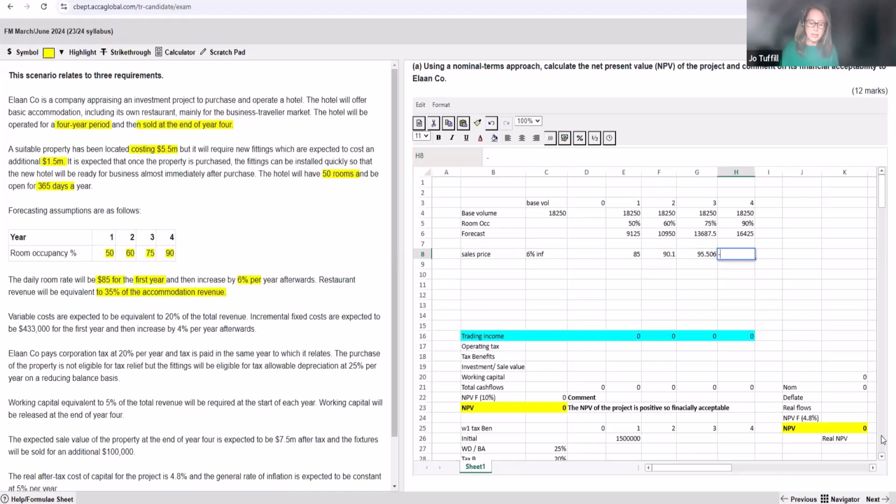You need to say equals 85 times 1.06 uplifted to the number of years. Now, in this question, because we're starting in year 1, it's not going to be the number of years, as in 4. It'll be 3 years of inflation, because it's 1, 2, 3.